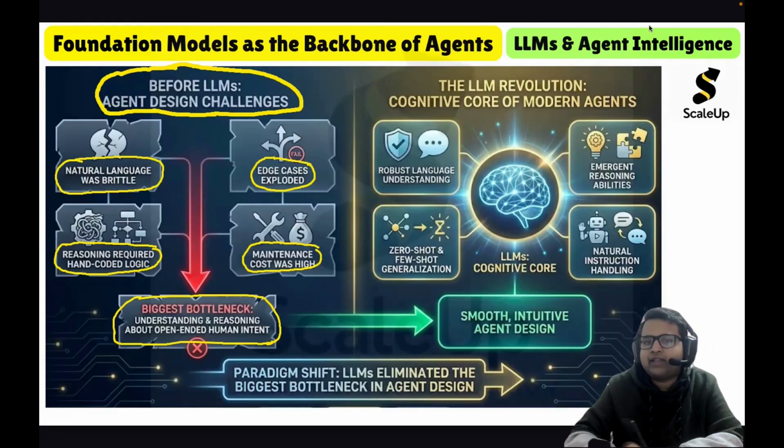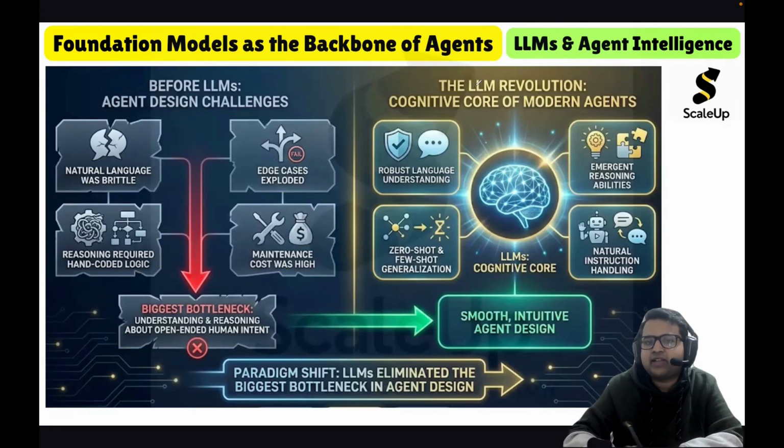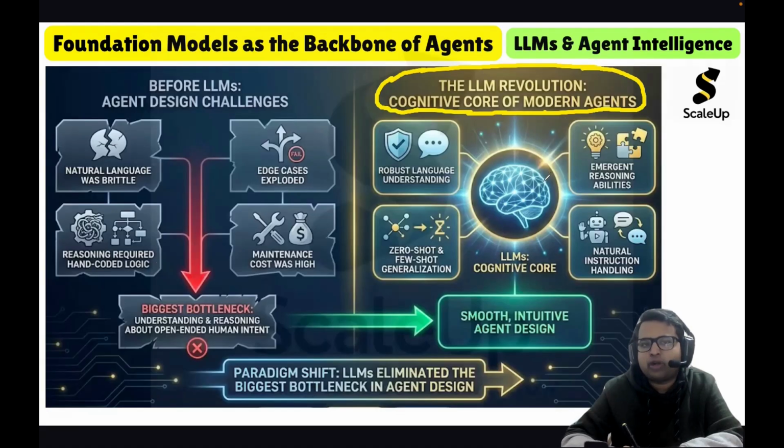But with the large language models revolution, large language models act like the cognitive core of modern agents. We already saw in the previous slide also, large language models are the backbone of agents. So this is the large language model, this one. Now it is acting like the cognitive core.